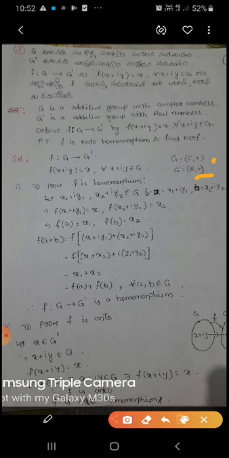So here we will see φ is a homomorphism.